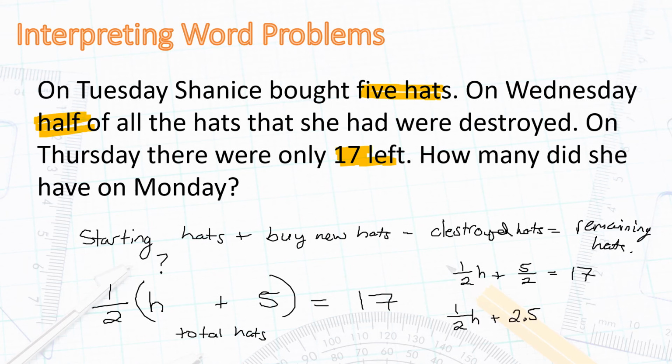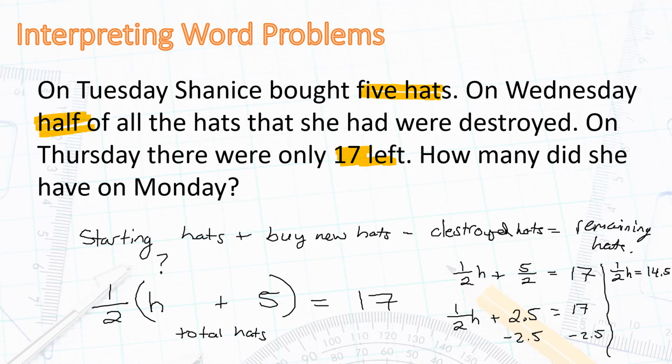Some of you like decimals more than fractions. So then we would subtract 2.5 from both sides. And I'm going to need some space, so I'm going to just scoot it in here. So then we would have a half H is equal to 17 minus 2.5, which is 14.5.